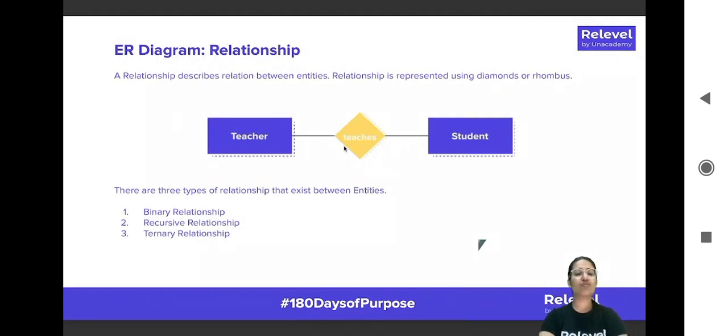But I think the best way to fully understand is not just to watch the video and look at the slides. You actually have to get some hands-on practice. Take a small example, maybe an organization, a school management system, a society, anything you want.